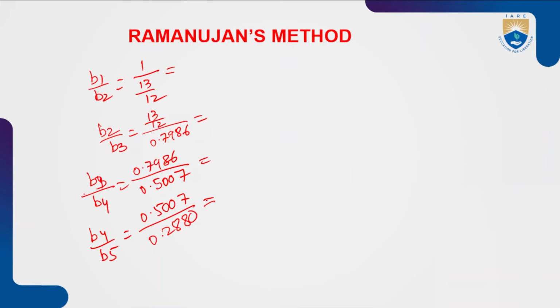So now the first value is 0.9230. I am going to take up to only 3 decimals. Next, 13 by 12 upon 0.7986.